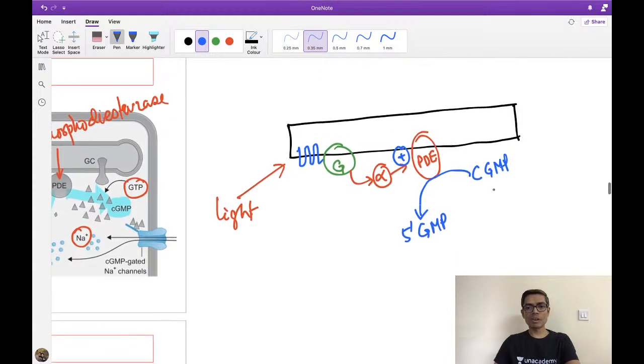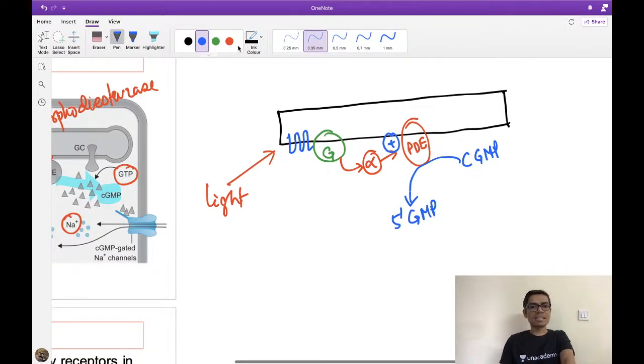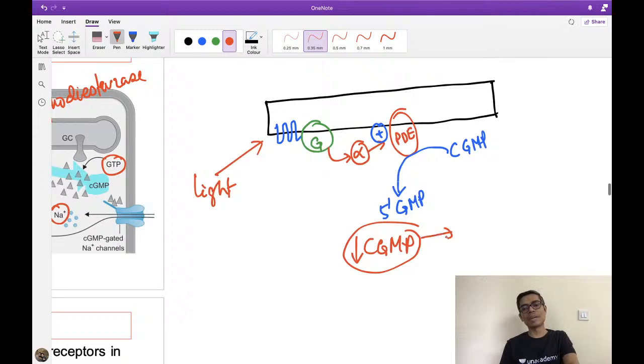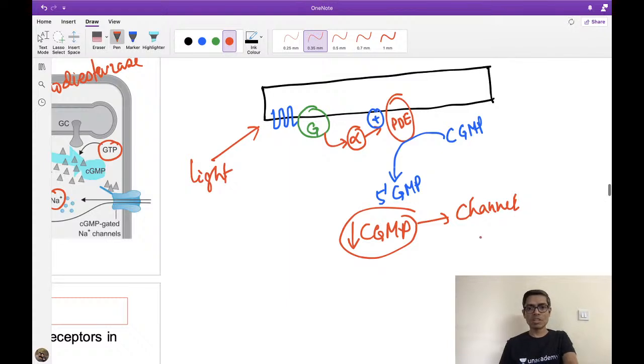Now whenever you have converted this cGMP into 5' guanosine monophosphate, I can understand that inside this rod cell the amount of cGMP is decreased. Because of the decreased cGMP, what will happen? The channel which was present on the outer segment of this rod and cone cell, that is the non-specific cation channel, what will happen to this channel?